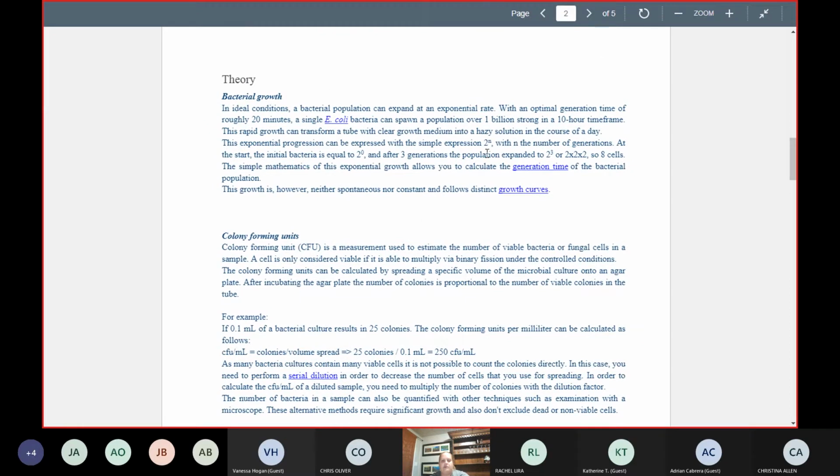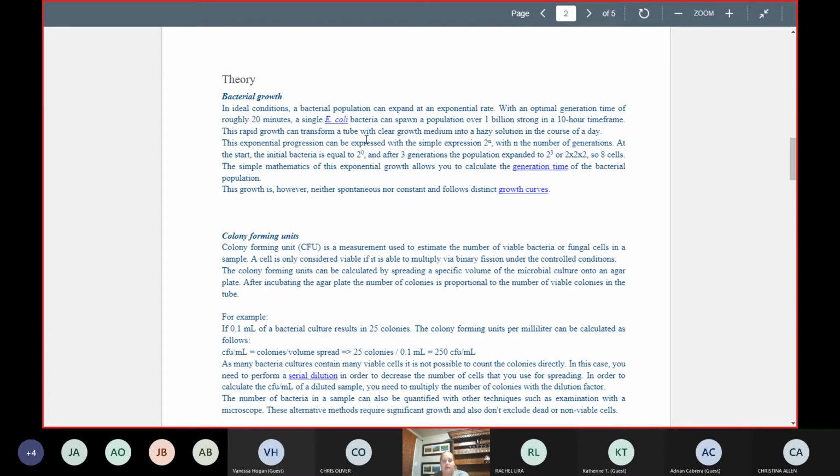So bacterial growth. Bacteria, as you know, goes through binary fission to create two identical cells when it undergoes generation. So one cell will become two cells, will become four cells, will become 8 cells, and essentially every generation you will double the amount of bacteria that you have.